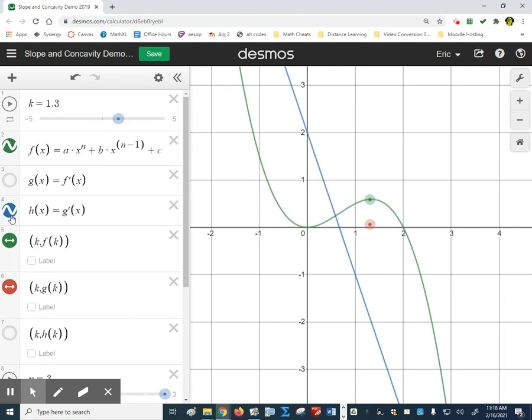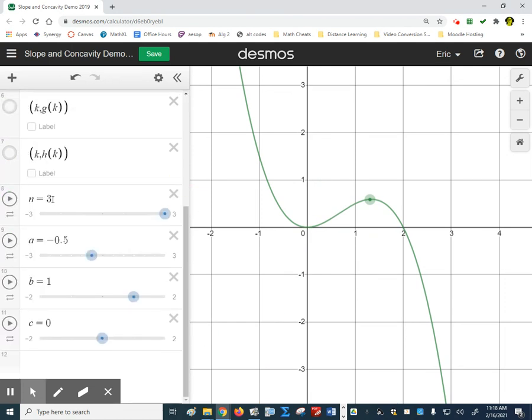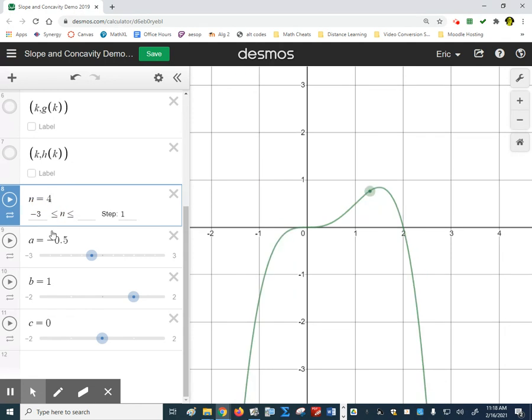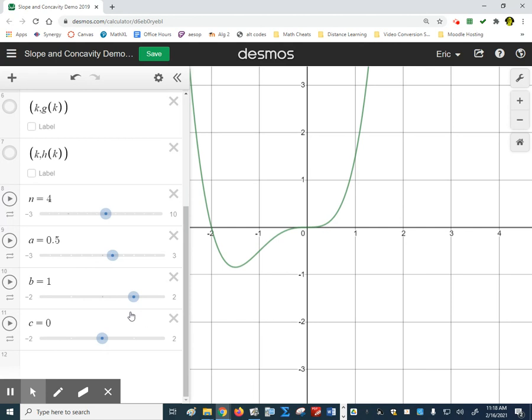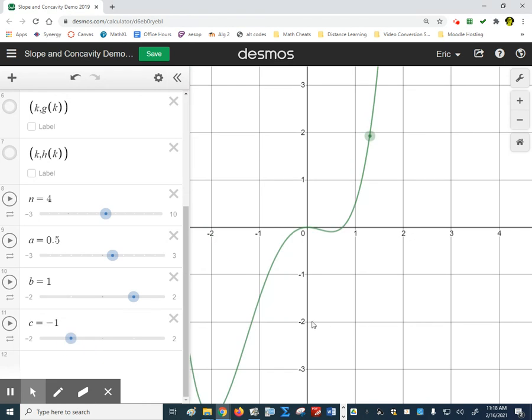What if we do, I'm going to bump this thing up to, how about something like that? How about something like that right there?